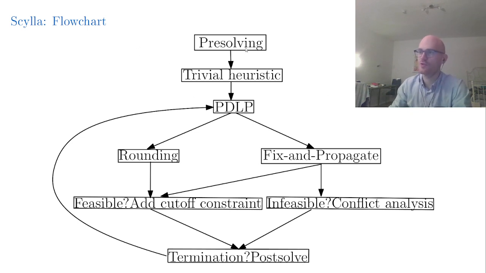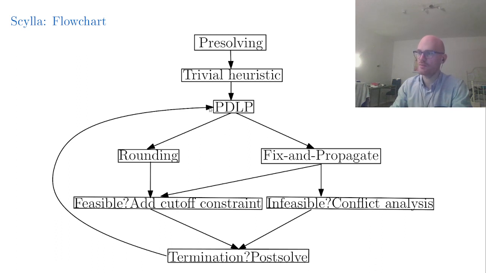We then apply a trivial heuristic, which is trying to fix variables at their bounds and propagating afterwards. And only after that we run into the main loop of the algorithm, which would be first solving approximately an LP, so a linear relaxation of a problem.